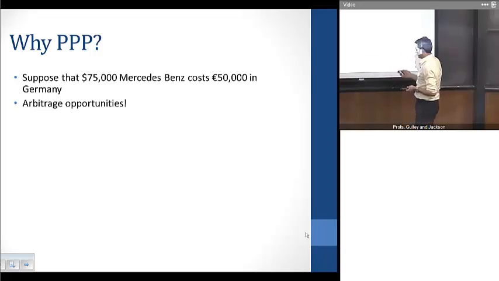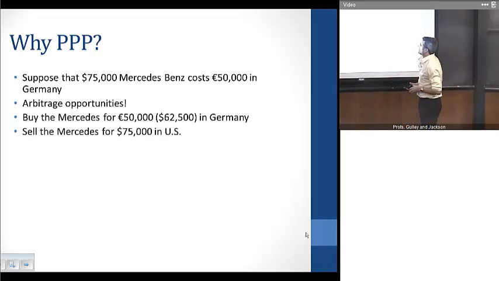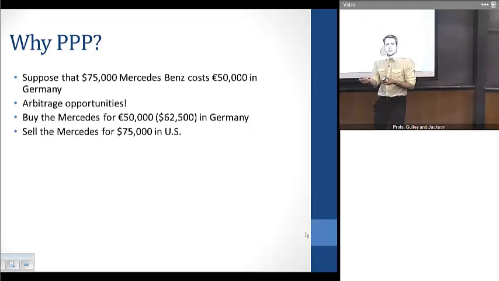So let's see. This is how this works. If we're in the U.S., we can take $62,500, we convert that into euros, and it turns out if you make that conversion, that's going to be equivalent to 50,000 euros. Now, what do we do with the 50,000 euros? We go to the dealership in Germany, we buy our Mercedes-Benz.